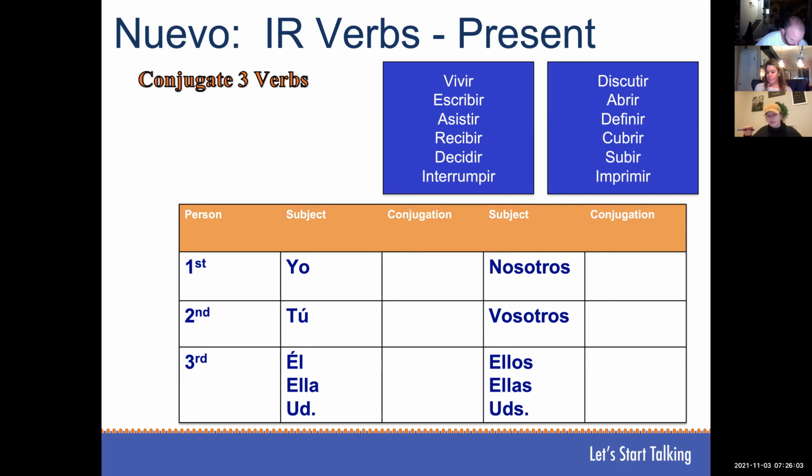Does that mean like literally as in an elevator or an escalator? Like to go up? Okay. Imprimir. Is this one print? It is, good, Carly. Print. Haven't printed anything in years. Can throw that one out.